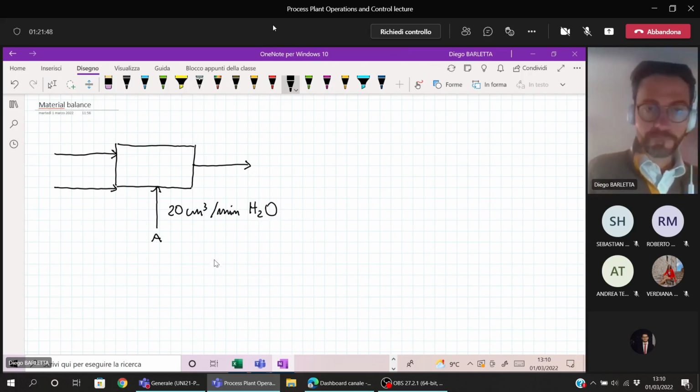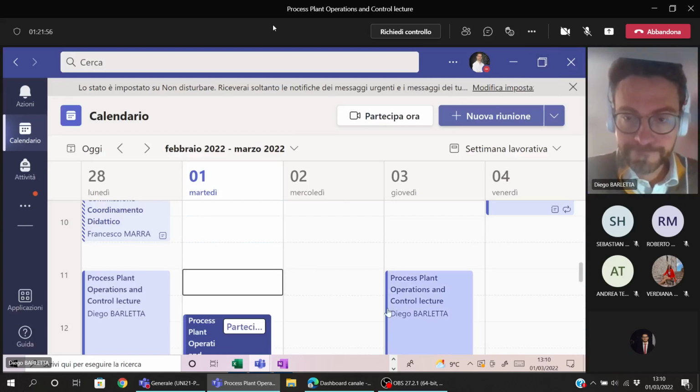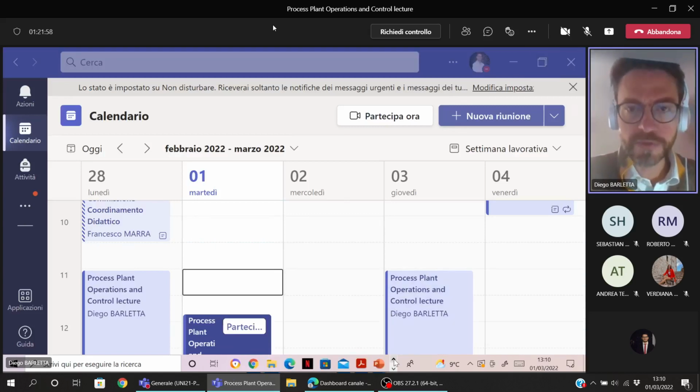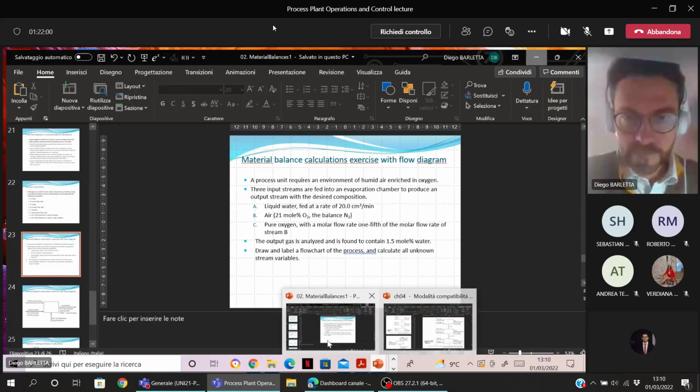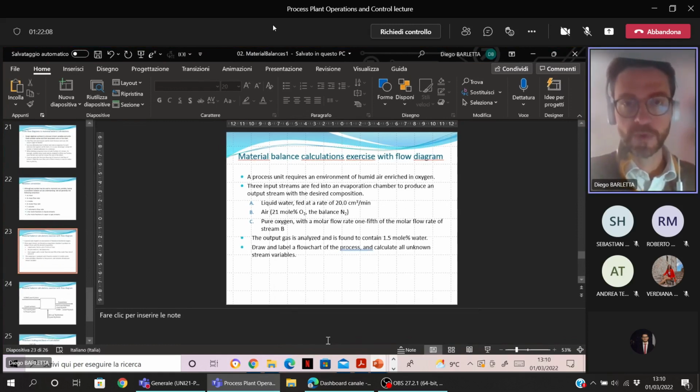Then for the other two, we have one way to write this. We have B, air. We just know the composition.